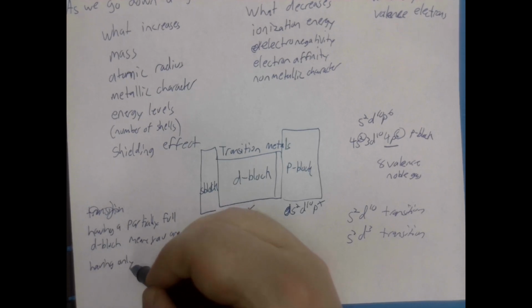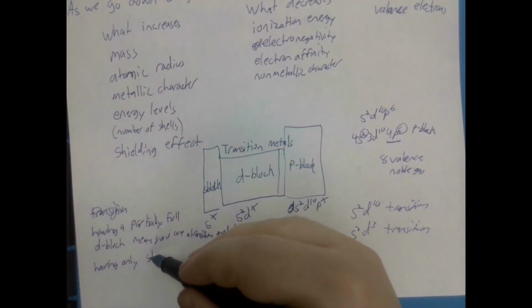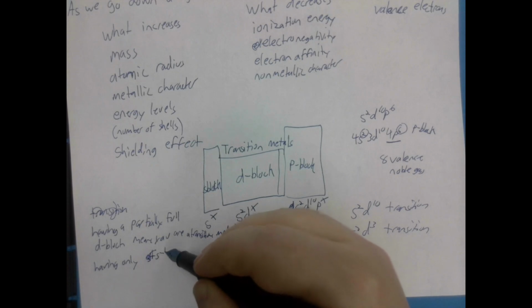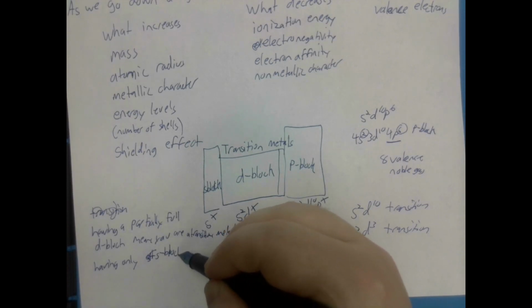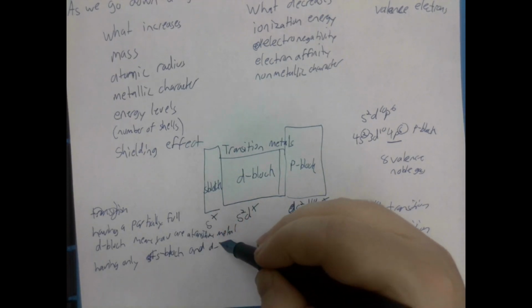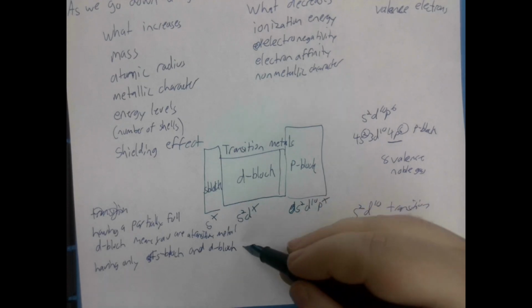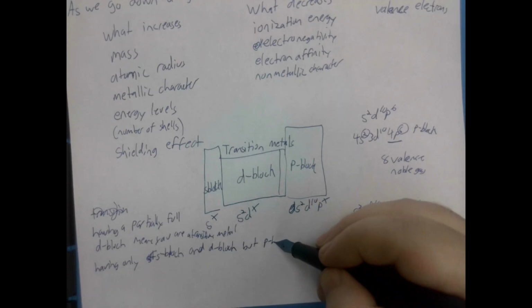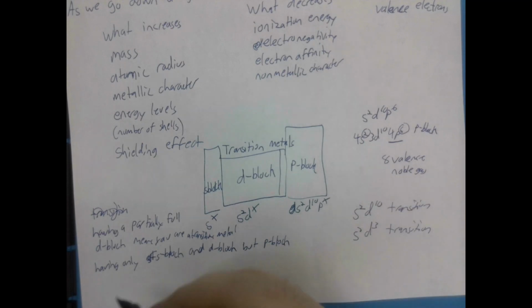Having only S block and D block, but no P block, also means transition metal.